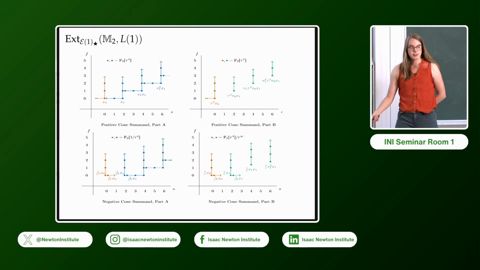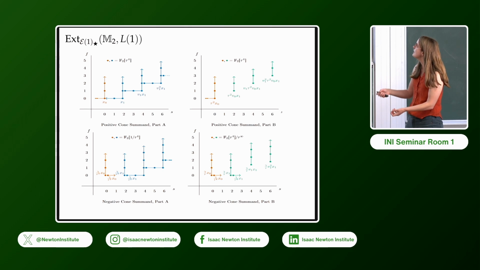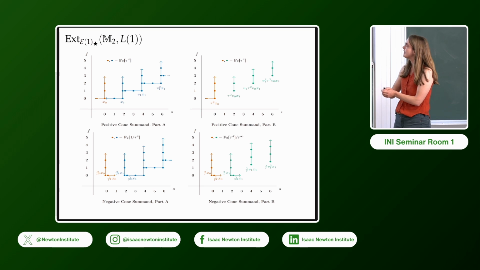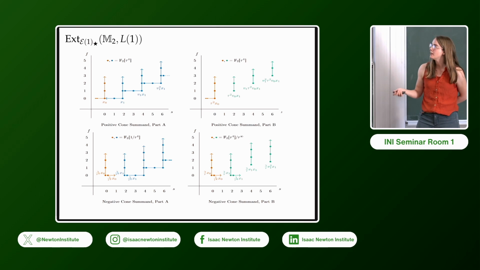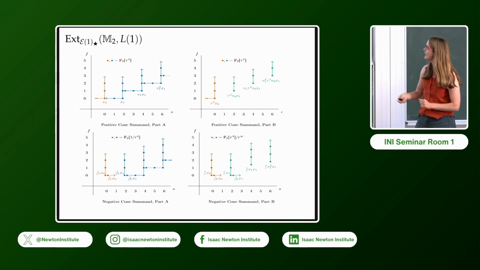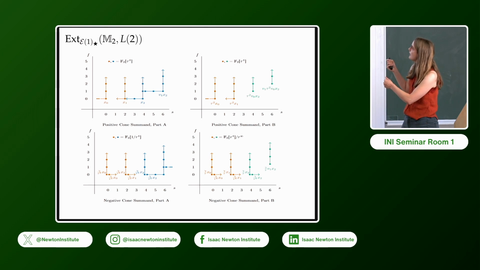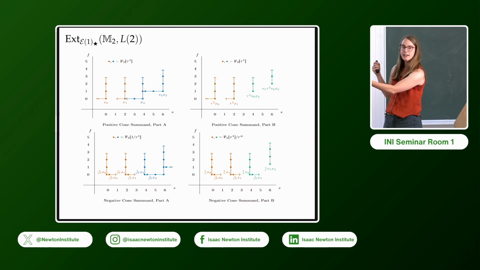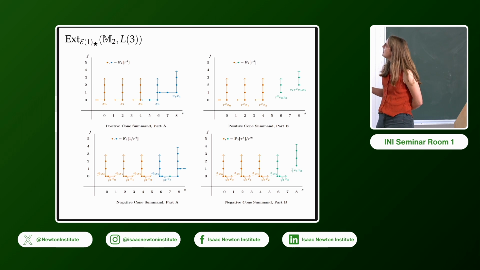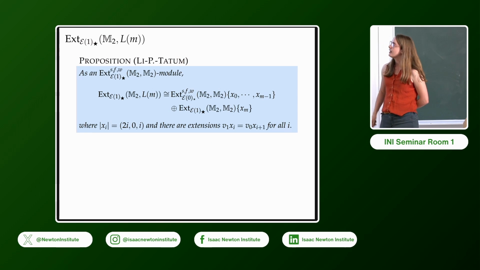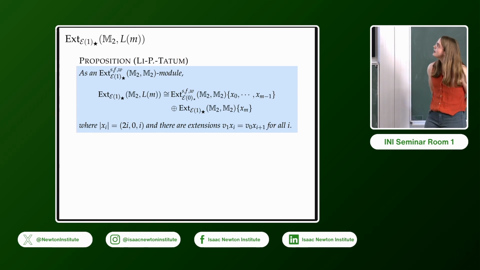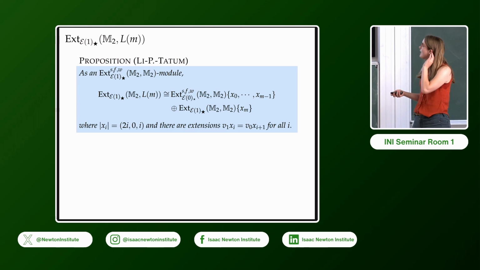And for these, there's no possibility of differential because the differential will shift us back in stem by 1, and the x over e of 1 term is to the left of everything else. So we can continue this type of induction, shifting everything to the right by 2, and then inserting an x over e of 0, and get pictures like this. And so in general, our x over e of 1, m2, L of m groups have this format.